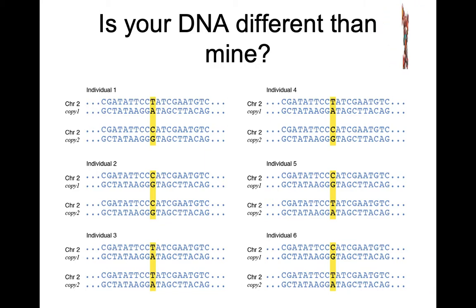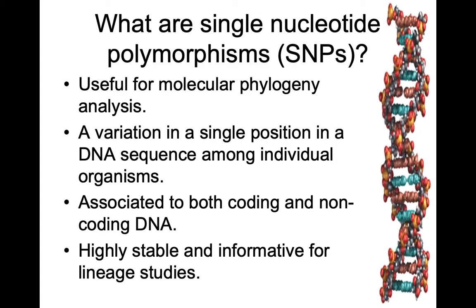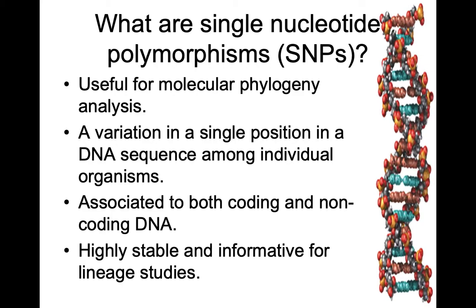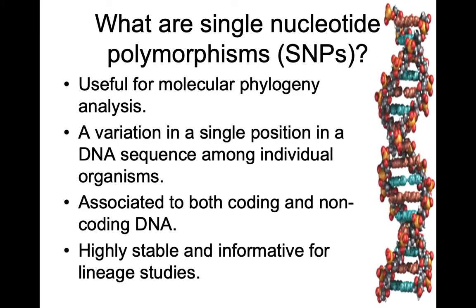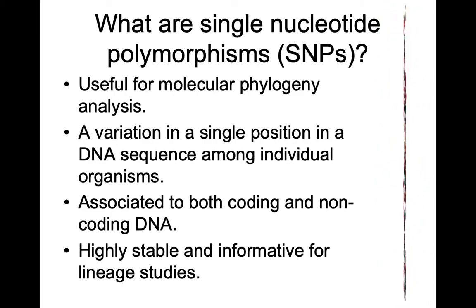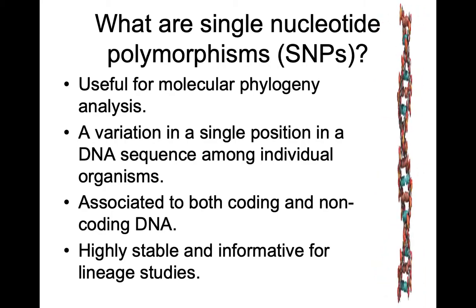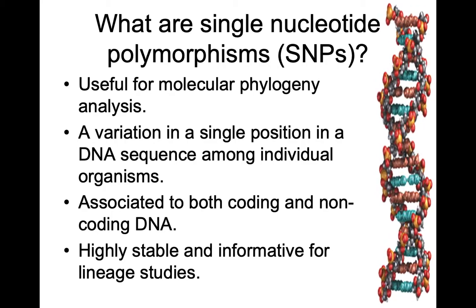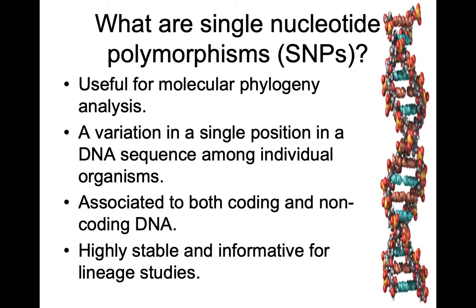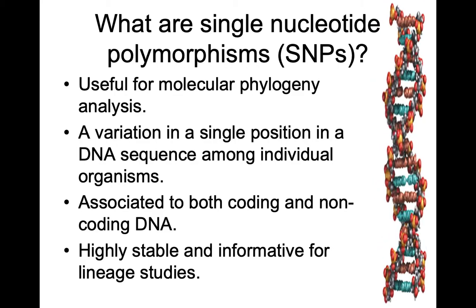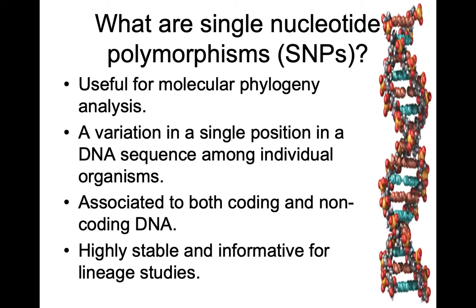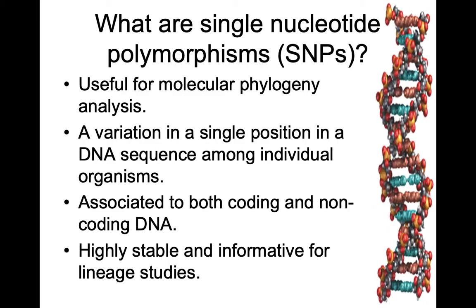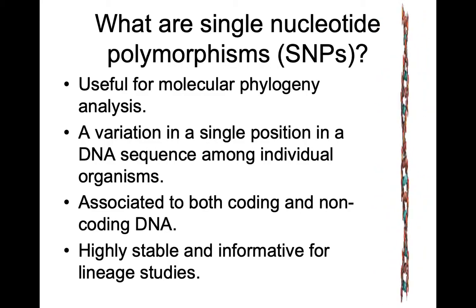So we have these so-called single nucleotide polymorphisms, which are variations of a single position in a DNA sequence. SNPs, as we often call them, are associated with both coding and non-coding DNA. They can be found in genes that can be translated, and they can also be found in non-coding sequences.